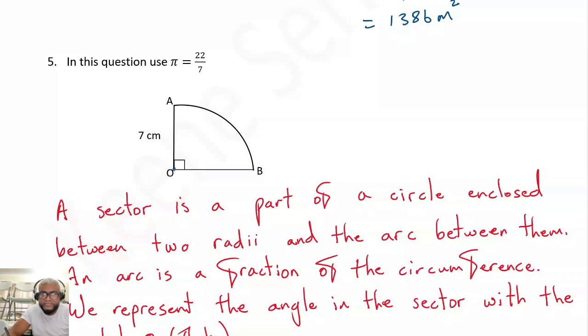A 90-degree angle. 90 degrees, right? And what is my radius here, Mikael? 7. Here's 7 also. These two radii would be 7. So r is 7, theta is 90 degrees.